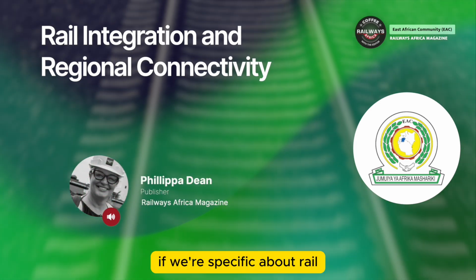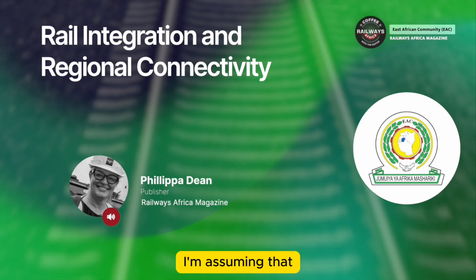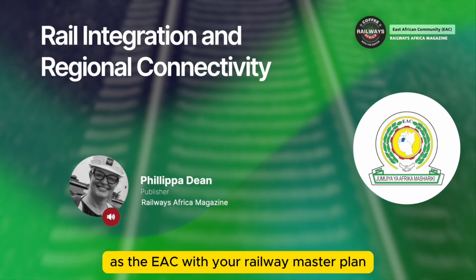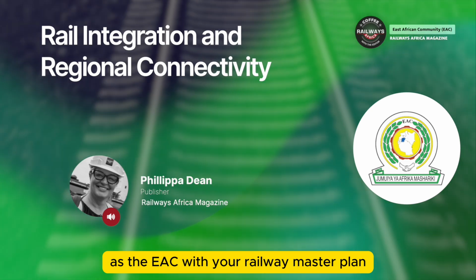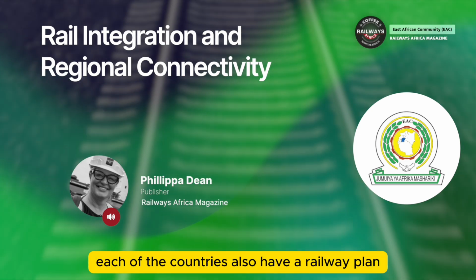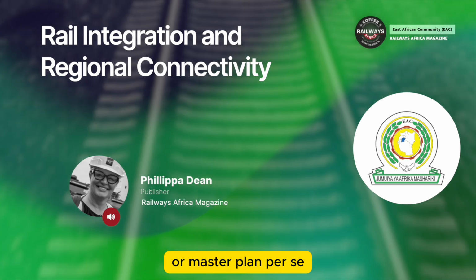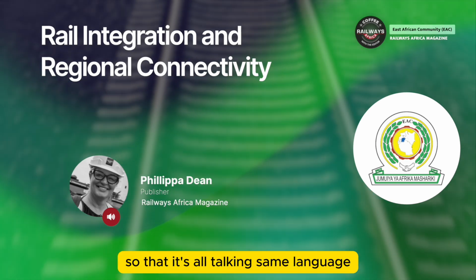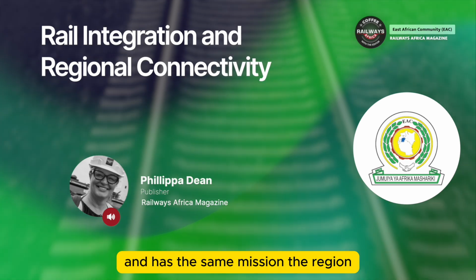If we're specific about rail, I'm assuming the EAC started with a railway master plan. As the EAC with your railway master plan, each of the countries also have a railway plan or master plan per se. How have you managed to integrate that so that it's all talking the same language and has the same mission?